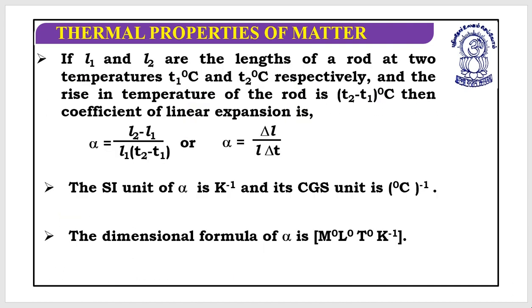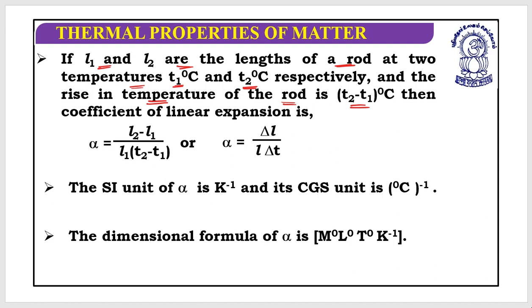Now let's understand this analytically. Let's suppose L1 and L2 are the lengths of the road at two different temperatures, T1 degree Celsius and T2 degree Celsius respectively. The rise in the temperature of the road is T2 minus T1 degree Celsius.